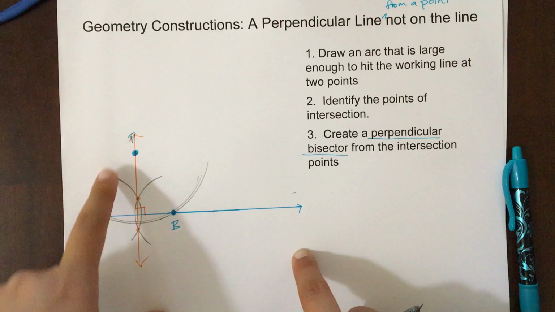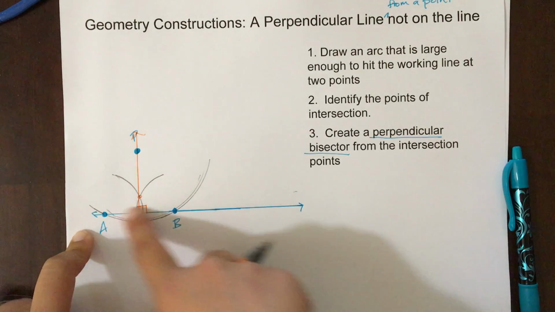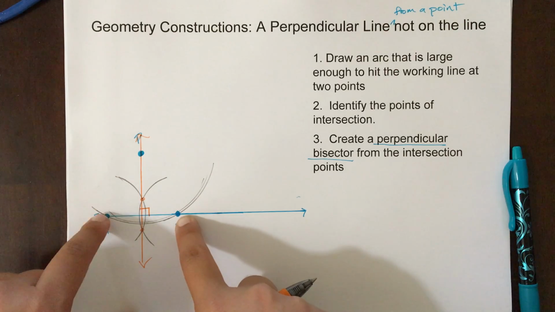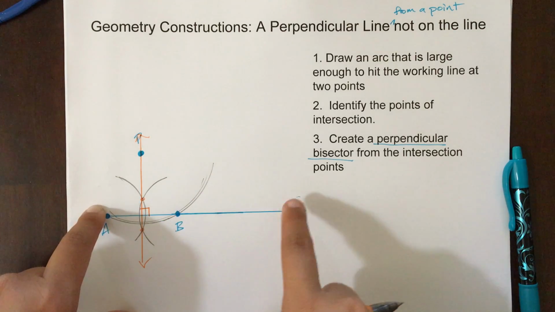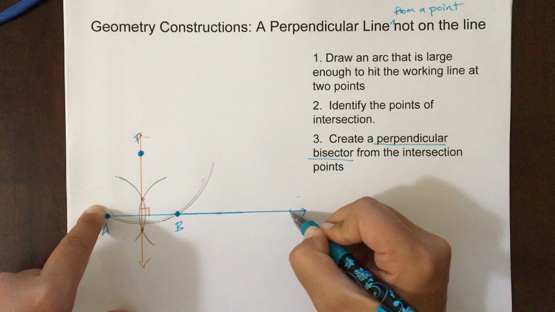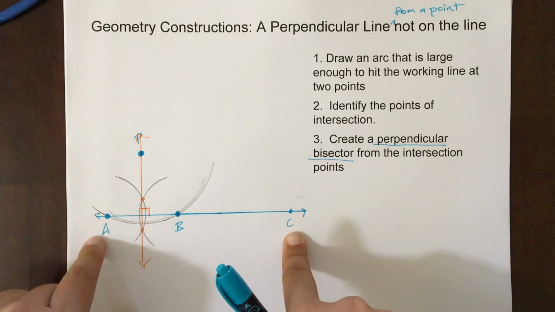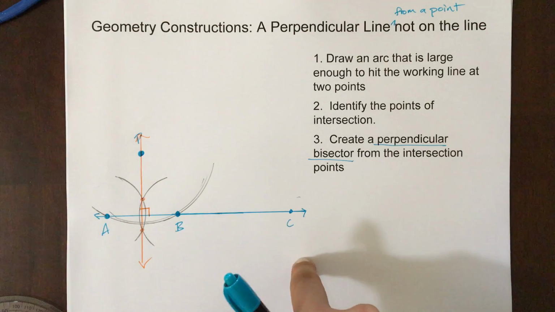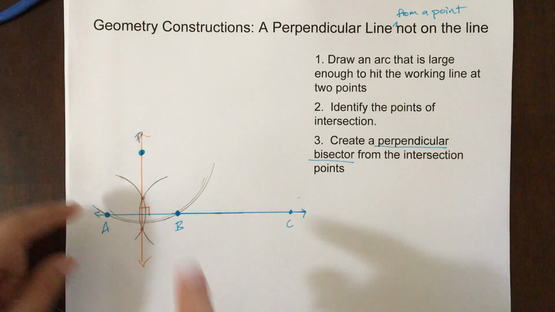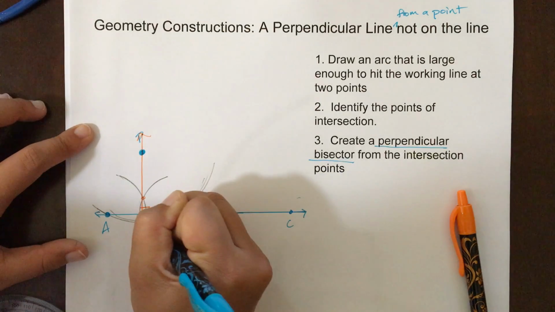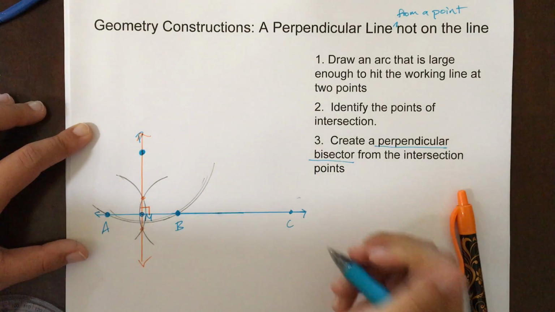Not only is this orange line perpendicular to this blue line, but it is the perpendicular bisector between these 2 points. Not a point over here. It's not the perpendicular bisector for A and B or A and C, but it is the perpendicular bisector of A and B. So let's call this M.